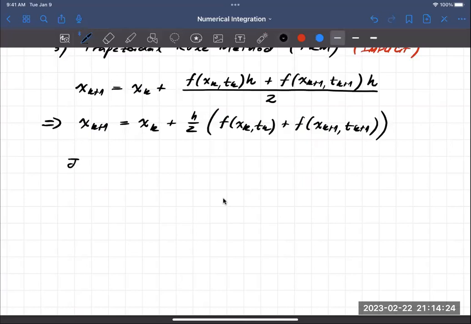we're gonna add here, just like the backward Euler method, the trapezoidal is an implicit method.